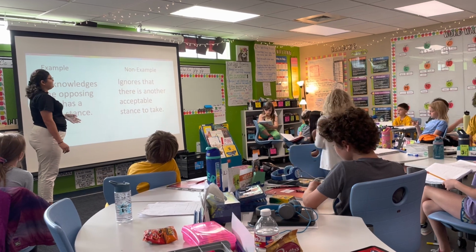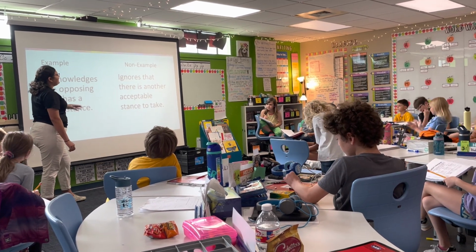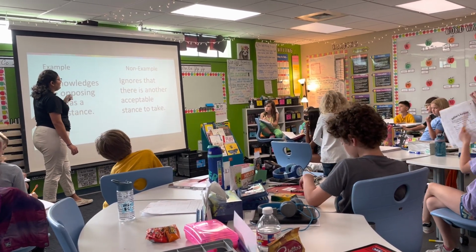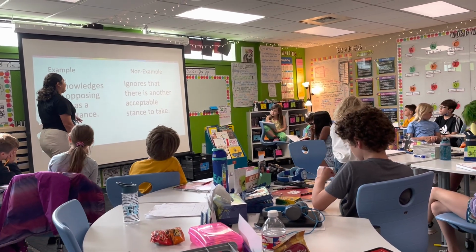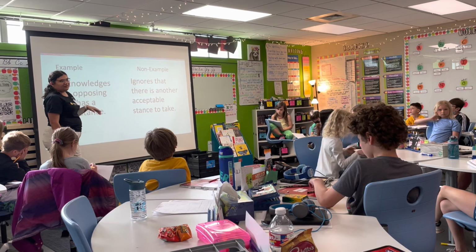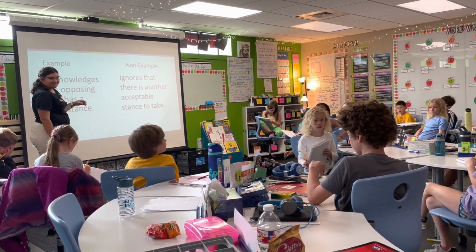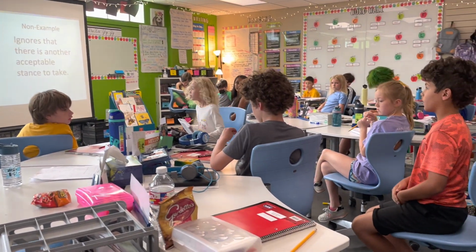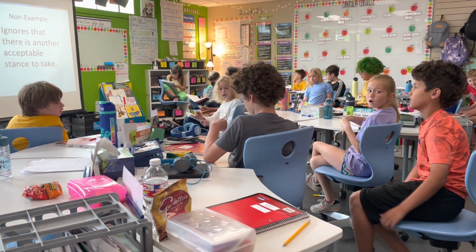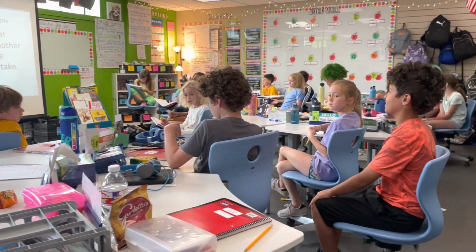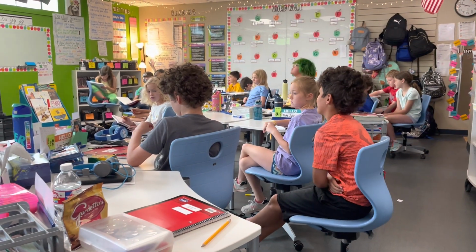Yeah, to the point. And a non-example is that they ignore that there is another acceptable stance to take. All right, yes, Christian? It's like in a judge's court, they were arguing and their opinions were different. Yeah, that is very true. So, all right, yes, Saki?